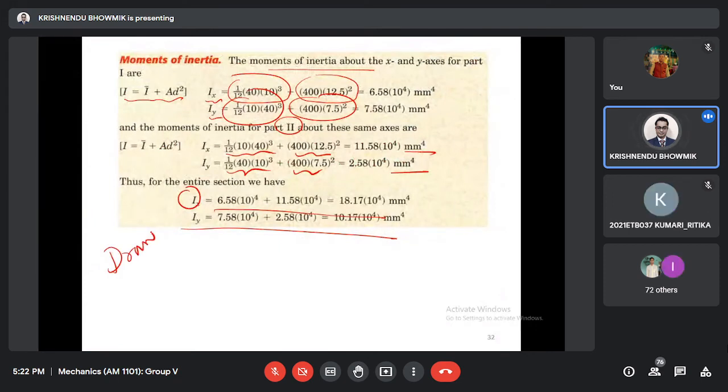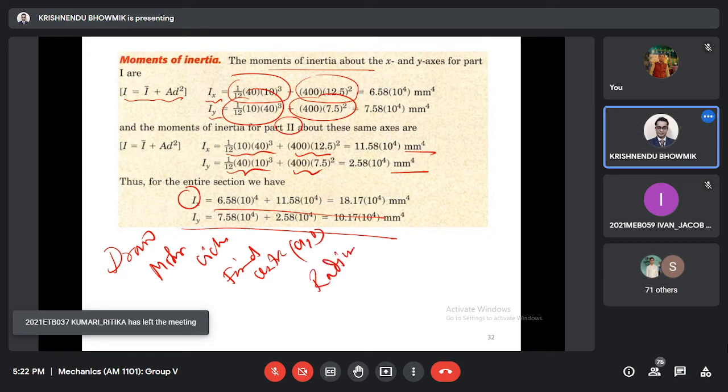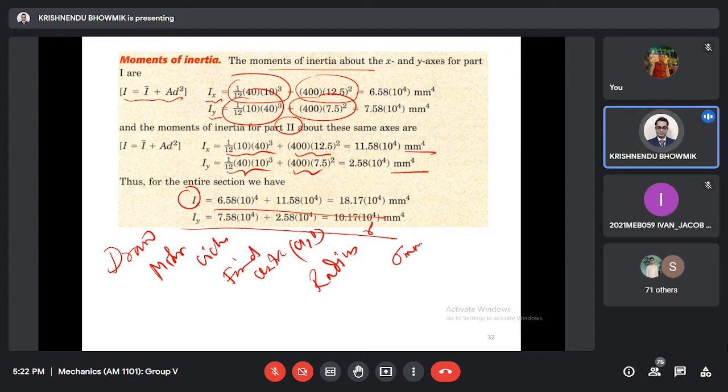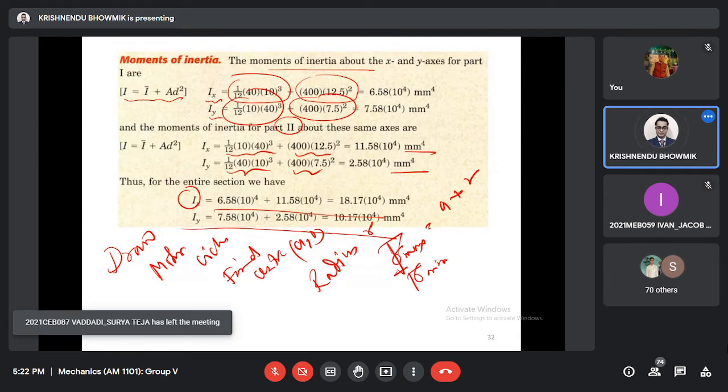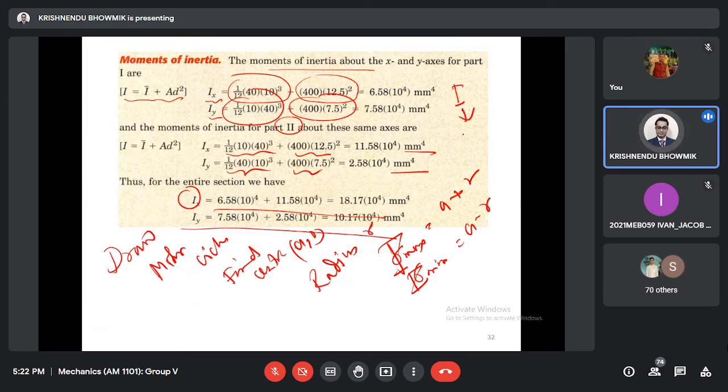I prefer to draw Mohr's circle: find the center, say some A, then the radius, say some R. Then Imax will be A plus R, and Imin will be A minus R. In future, this moment of inertia will be replaced by stress.